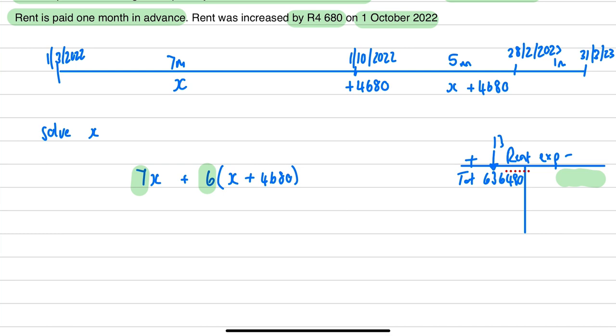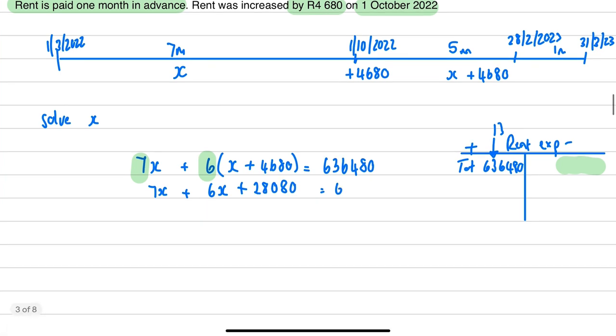So for those 13 months, we did pay a total of 636,480. Again, I'm simplifying so I can solve X by multiplying into my bracket. 6 times X gives me 6X. 6 times 4,680 gives me 28,080.